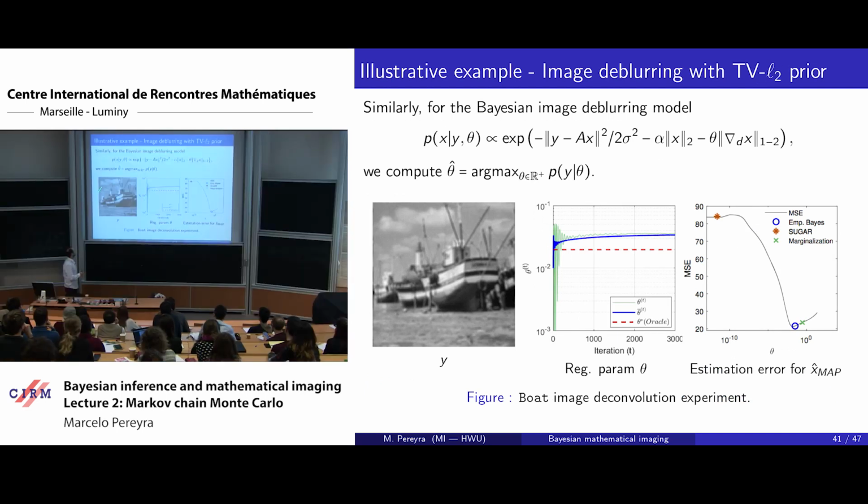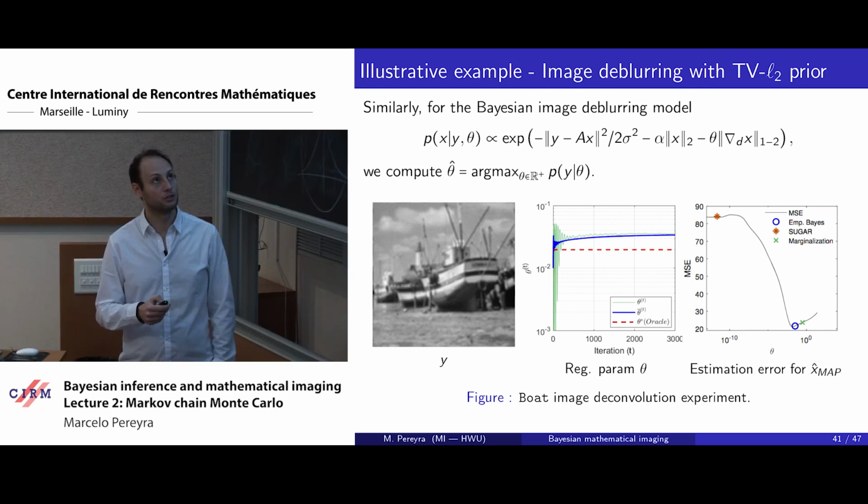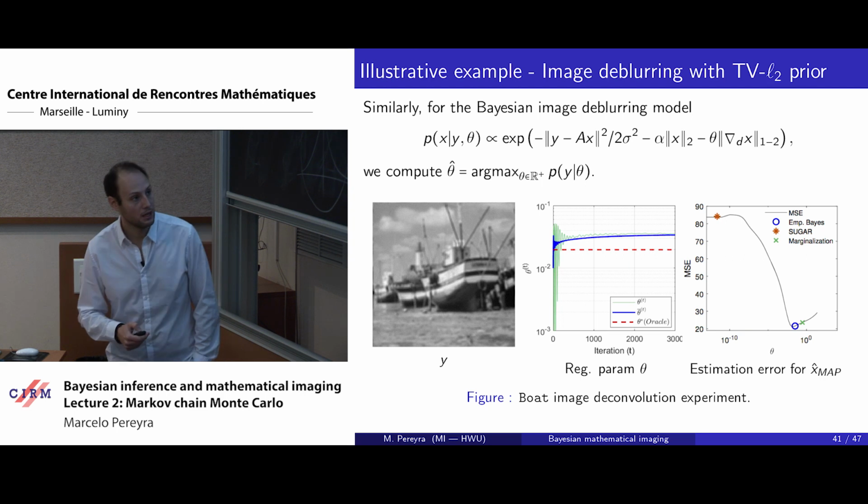And here we have another example, on the deconvolution of a boat image with a TV prior. And here, just for the sake of the presentation, I added a quadratic penalty term to make everything well defined. In practice, I think we ran the algorithm with alpha 0 and alpha really, really small, and it worked fine. In any case, we assume that alpha is fixed to some value, and what we want to estimate is theta.